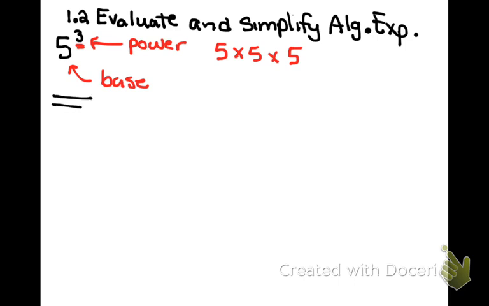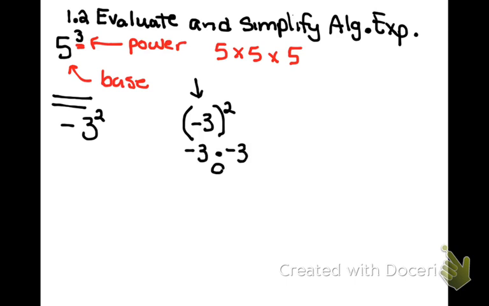There is a difference between -3 squared and -3 in parentheses squared. Let's look at the second one. The exponent goes with the value it's right next to. So this one is saying -3 times -3, so that yields a +9.